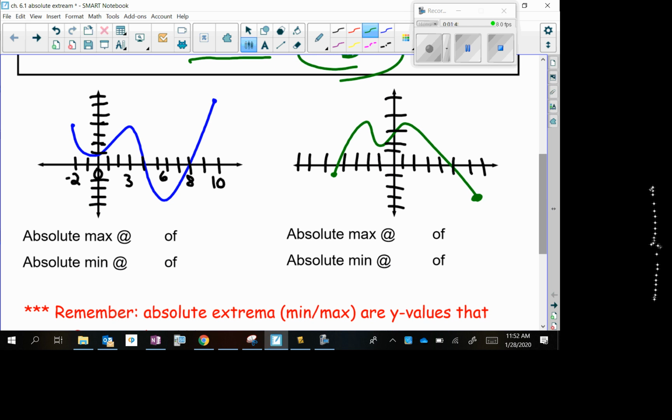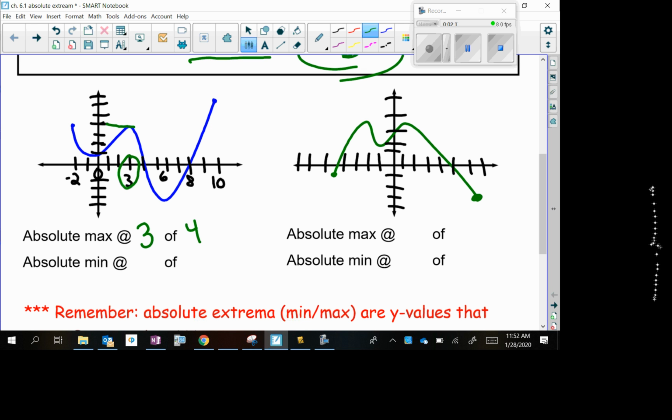If I show you these graphs, and again, they've got endpoints. This one doesn't have arrows, right? So where is the absolute max happening for that function? At 3, right? So at 3, what do we have a max of? Let's call it 4. And where are we having an absolute max anywhere else? At 4, -2 also, right?